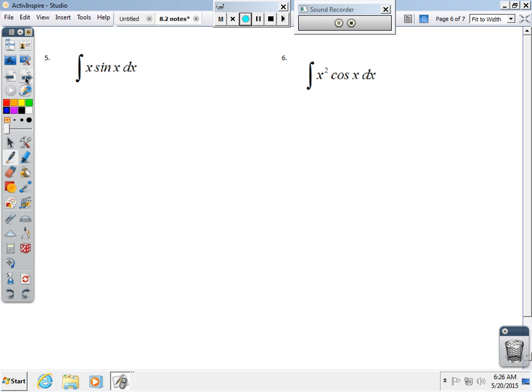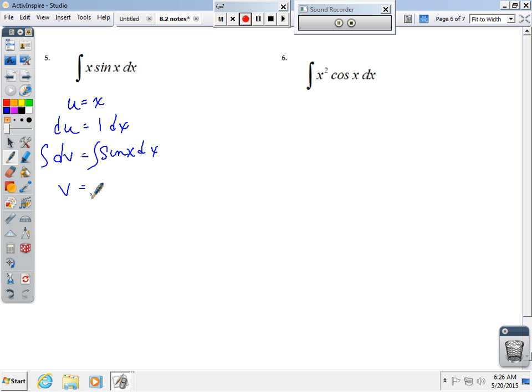Okay, last couple here. Again, make u the simpler part, and then the dv will be the more complicated part. So u is going to be equal to x, du is equal to 1 dx, dv is going to be equal to the sine of x dx, and then when I integrate both of those, I'm going to get v.